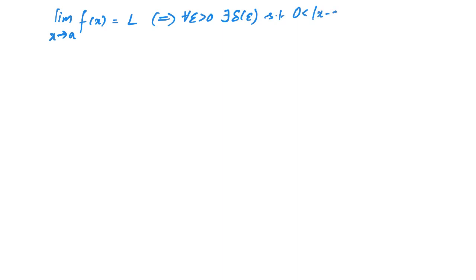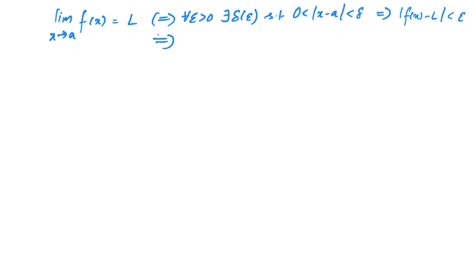At this point, let us observe one more thing. How did we define limit x tends to a of f of x is equal to L? We said that this is true if and only if for every epsilon greater than 0 there exists a delta that depends on epsilon such that 0 is less than mod of x minus a is less than delta, implies that mod of f of x minus L is less than epsilon.